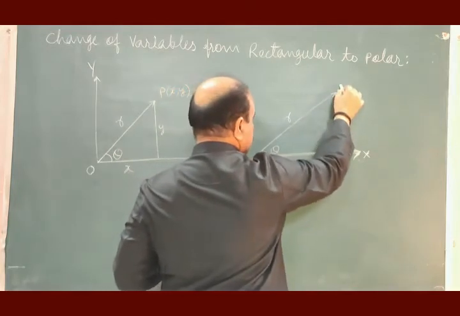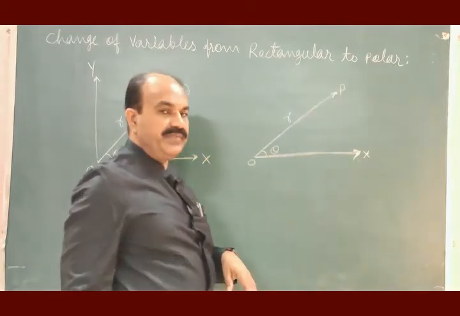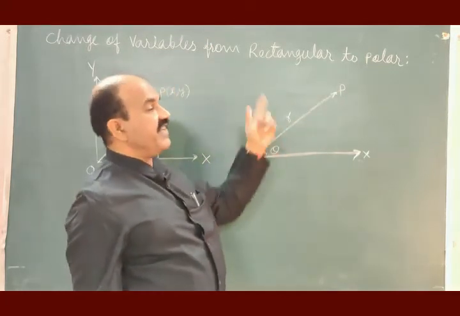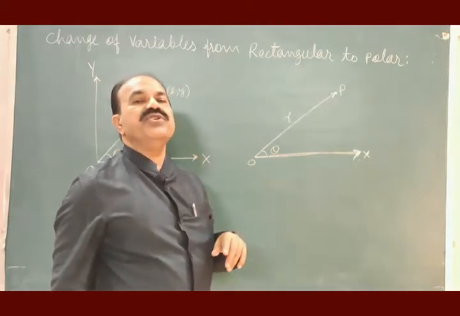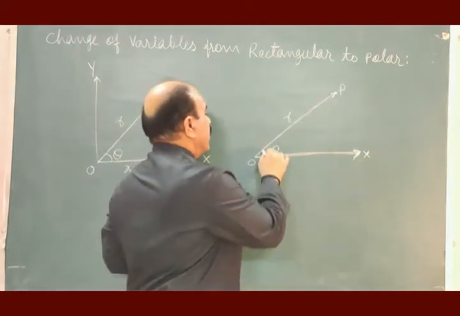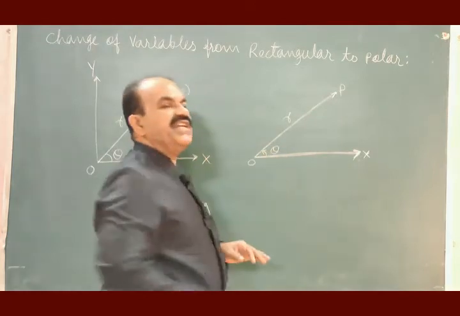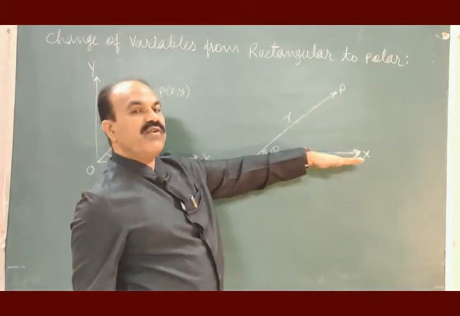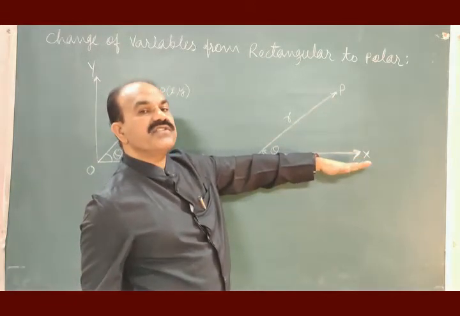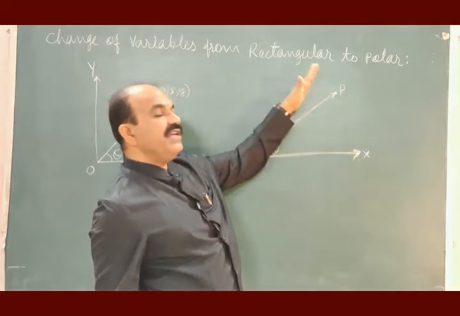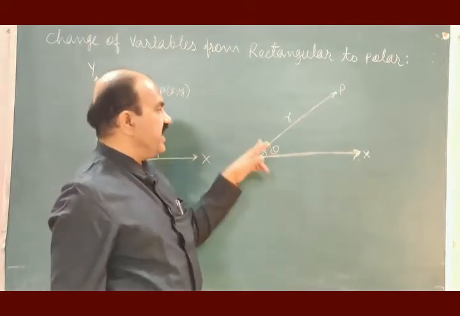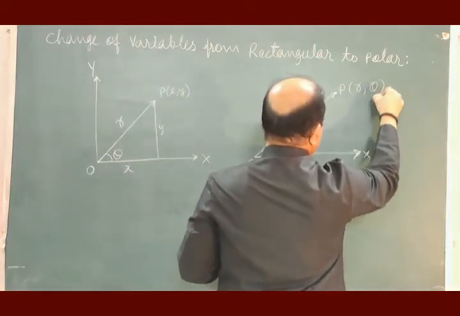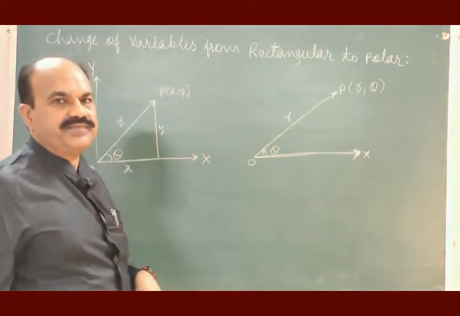This is maybe point P. OP is known as radius vector of point P from the origin O. Theta is taken as angle of rotation of radius vector r from the horizontal reference line in the anti-clockwise direction, that is theta, and coordinates of this point P are taken as r theta.